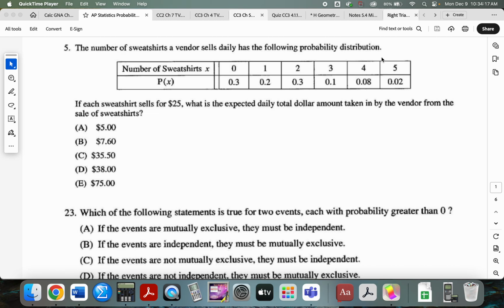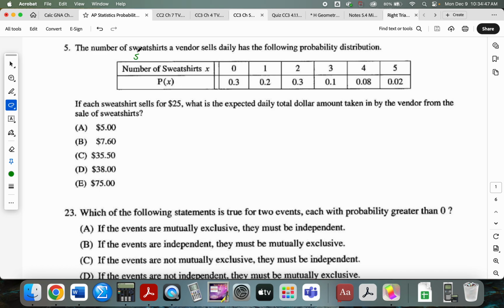Does anyone have a strong preference? I like the first one. Well, I just like putting the 25, 50, 75, 100, 125. So Ariel, you're the tiebreaker here. The second one. Okay.